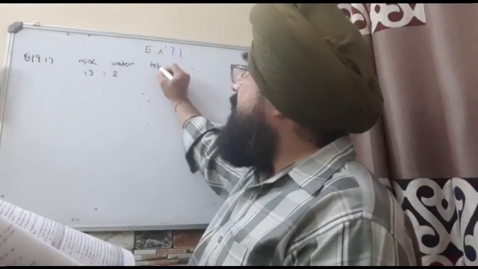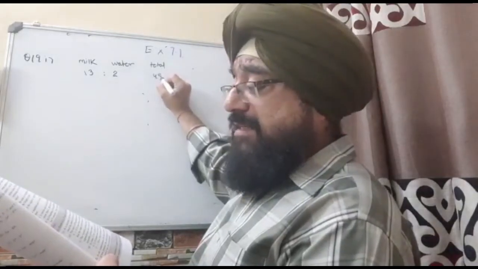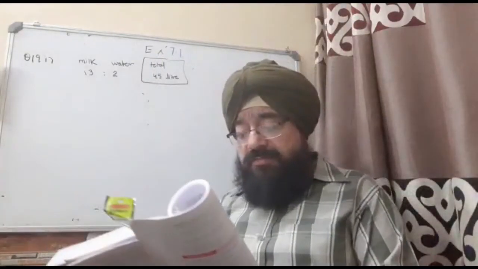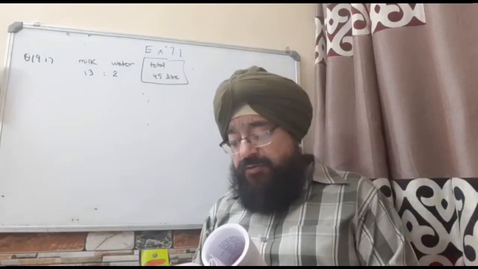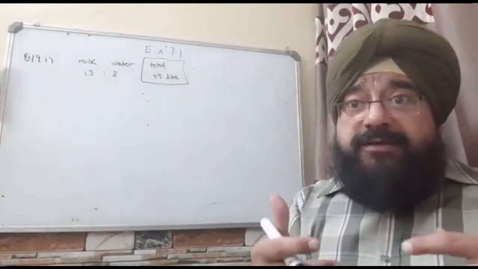And the total amount of mixture is given as 45 liters. How much water must be added to the mixture to make the ratio of milk to water as 3:1? Meaning more water has to be added.